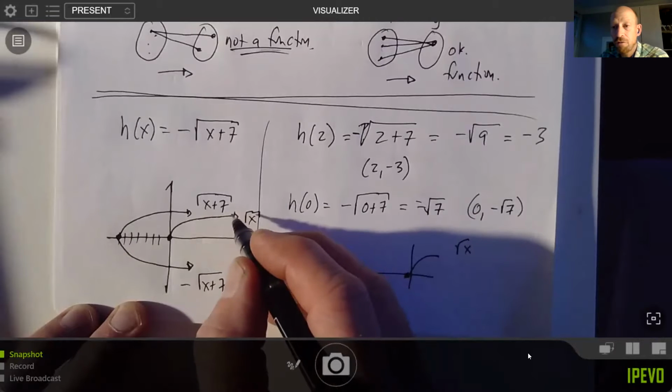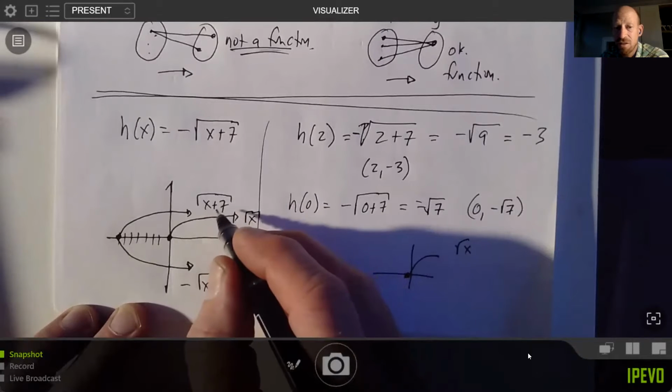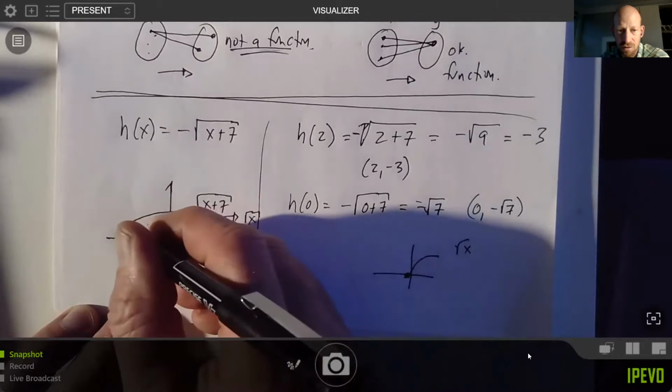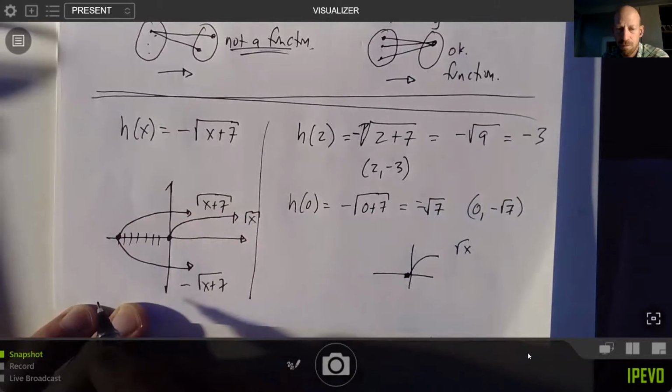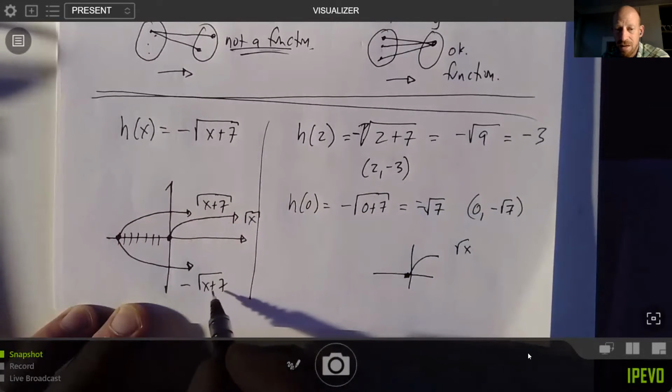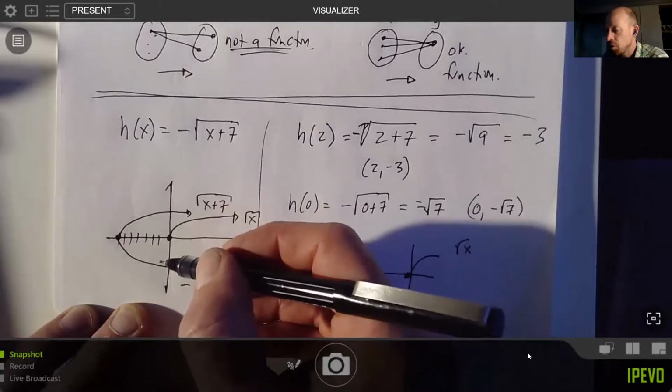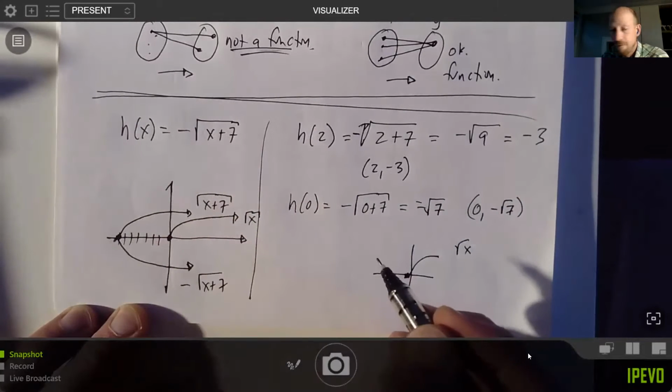And I know that if I add 7 to the x, that's going to take my original graph and shift it 7 units horizontal. And then if I take a negative of that, it's going to flip it down to the bottom. So it's going to look like that.